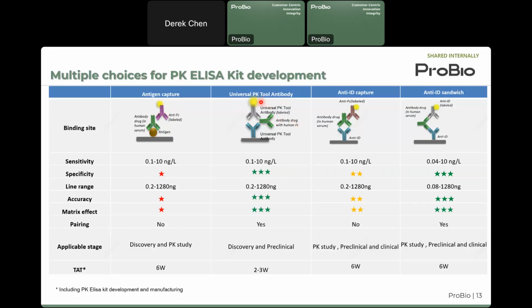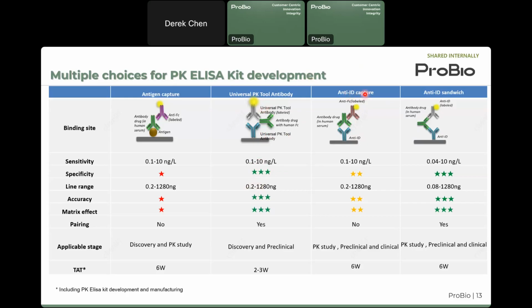Universal PK2 antibody is exclusively developed by ProBio's team and demonstrated decent detection metrics as the other options. We will have a detailed technical discussion in the last part regarding the universal PK2 antibody.